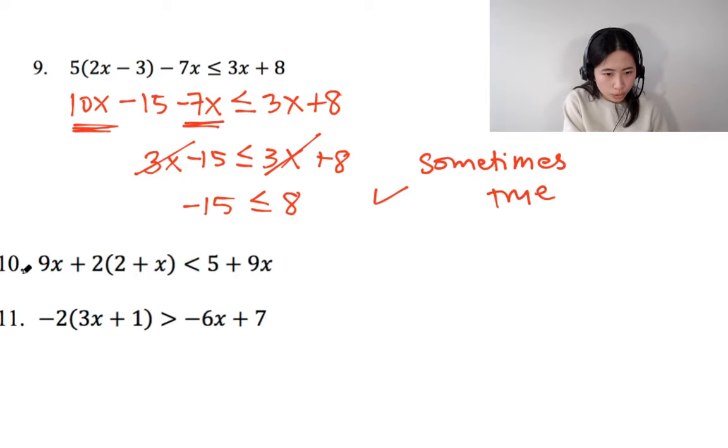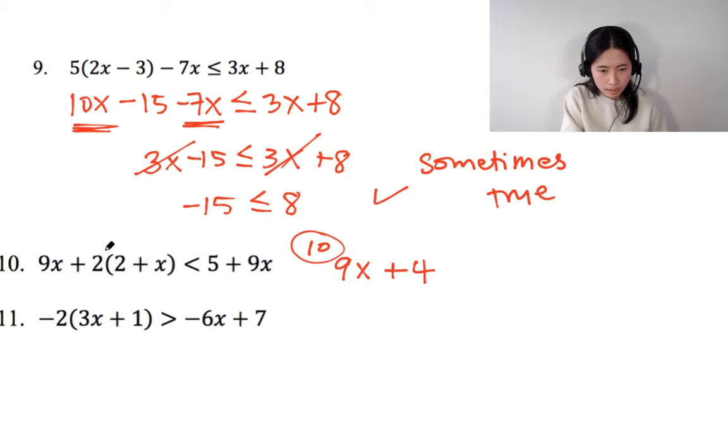Okay, if you look at number 10, basically you have 9x, and this is plus 4. I'm distributing 2 times 2, which is 4, and that's going to be plus 2x. And that's less than 5 plus 9x.